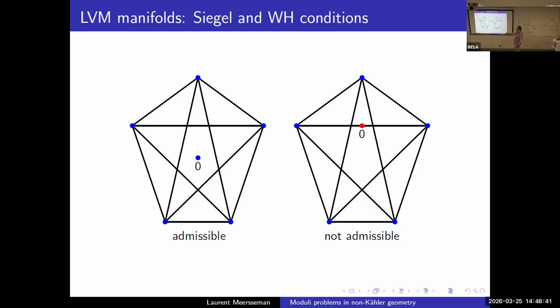So the weak hyperbolicity condition is satisfied, so this is okay. On the right, well, the Siegel condition is satisfied, but 0 is on an internal wall, so you don't satisfy the weak hyperbolicity condition, and you cannot perform the construction.